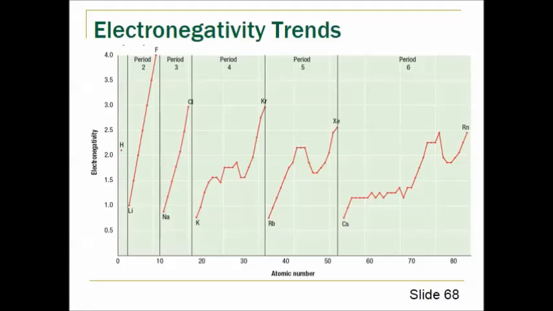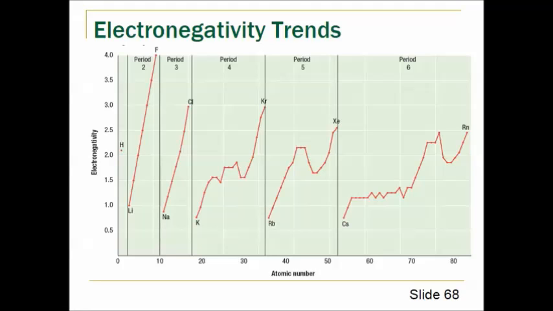Here's a graph that shows electronegativity trends. Can you see a trend within a period? Can you see a trend within a group? Pause the video and see if you can identify a trend within a group, a trend within a period.